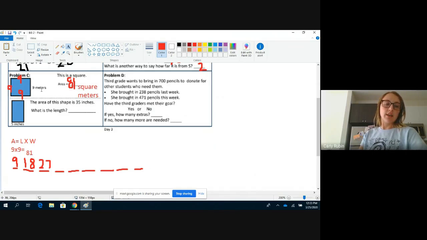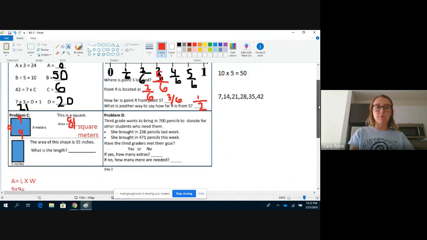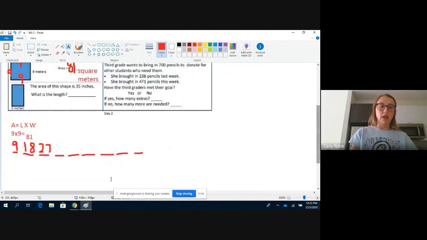And then the next one, the area of this shape is 35 inches. What is the length? So I can see that the width right here is 5. So this is very similar to the equations that we did up in problem A. We're missing part of the equation. I know that my area equation is area equals length times width.